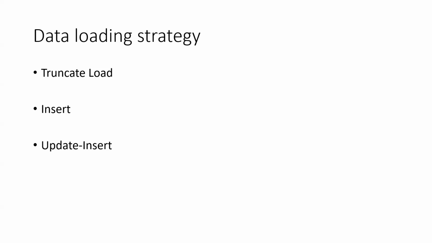So I need to update those records in the historical data. I will not insert them as new records. My target system will determine this: this is an existing record, so I'll only update it and will not increase my row count. And for whatever new records are received from the source system, those will definitely be inserted.